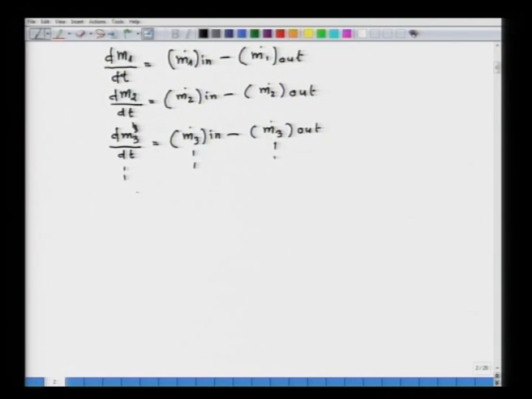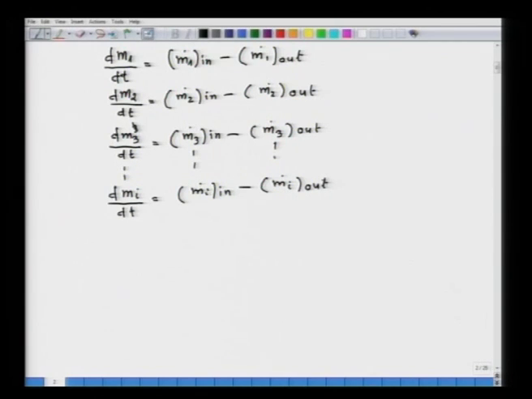For the ith component, dmi upon dt is equal to mi dot in minus mi dot out.